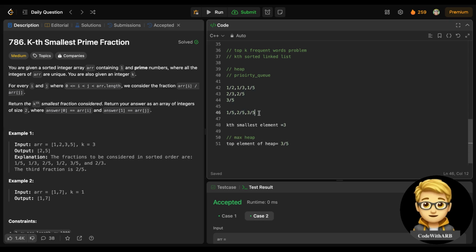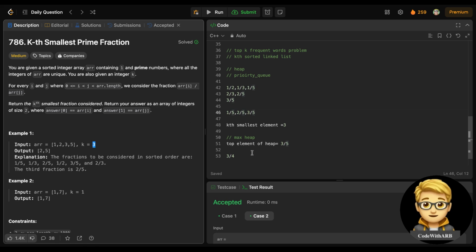So if I start popping from the top, this 3 by 5, and start decrementing it, 3 by 4 will get inserted into this, because ultimately it needs to return the third smallest.